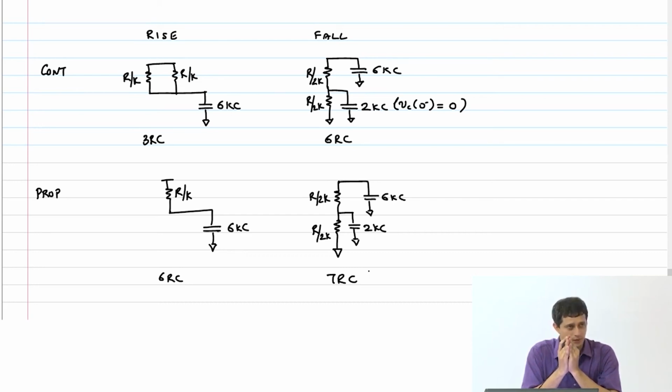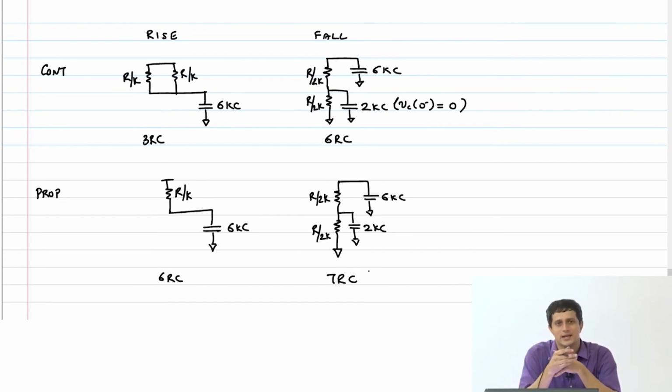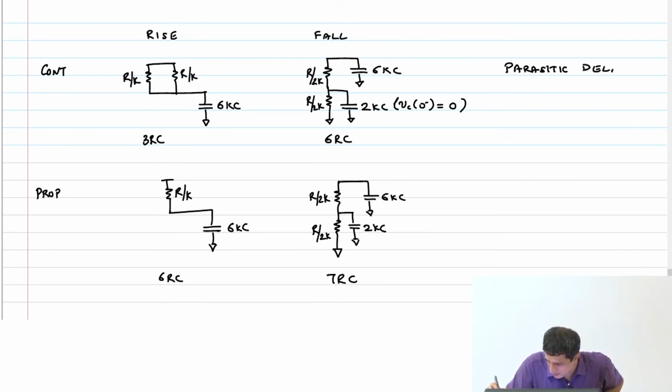Parasitic delay to a first order is independent of the gate size or the gate drive strength, because sizing it up by a factor of K is making it a stronger gate. You are giving it more drive strength. But parasitic delay is independent of drive strength.